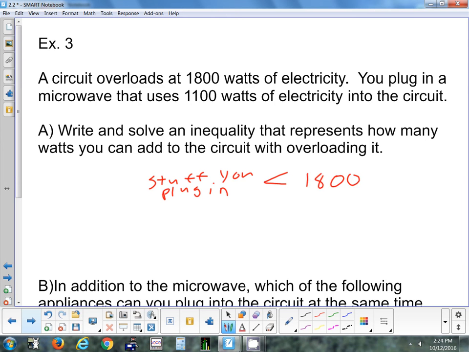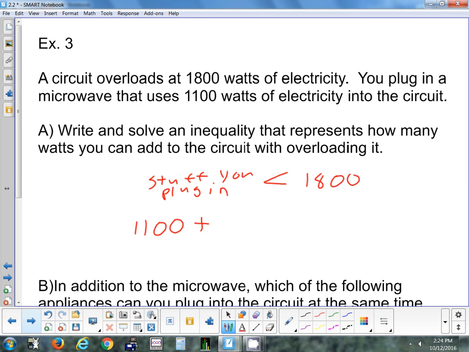Okay, so now I want you to tell me, what did it already tell us we're going to plug in? Yep, 1100. That's the microwave. We plug that in, and we want to know how much more we can plug in. We don't know what else we're going to plug in, but how do we represent it?